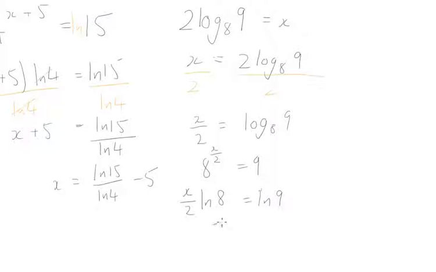So x on 2 is log 9 on log 8. Sorry, I have converted to the natural log. I've taken the natural log of both sides here, because my calculator can do the natural log. So x is 2 log 9 on log 8.